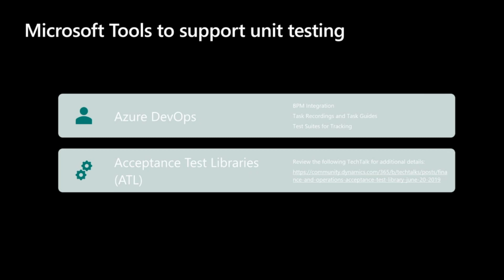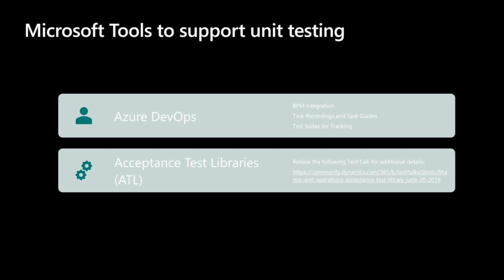The other thing that's available: as I mentioned, you have requirements, you could have fits or gaps. If you do have some of those gap requirements and you're writing extensions or customizing the solution, another great tool that developers or technical folks can focus on is that we make available all of our standard Microsoft acceptance test libraries.